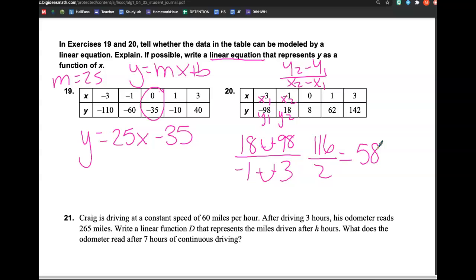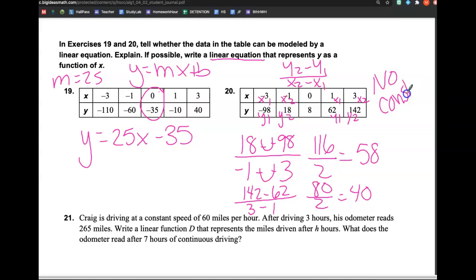Okay, if I pick two different points, y2, y1, x2, x1, I do the same thing. y2 is 142 minus 62 over 3 minus 1. 142 minus 62 gives me 80 over 2, which simplifies to 40. 58 and 40 are not the same, therefore there is no constant rate of change, and it's not linear.